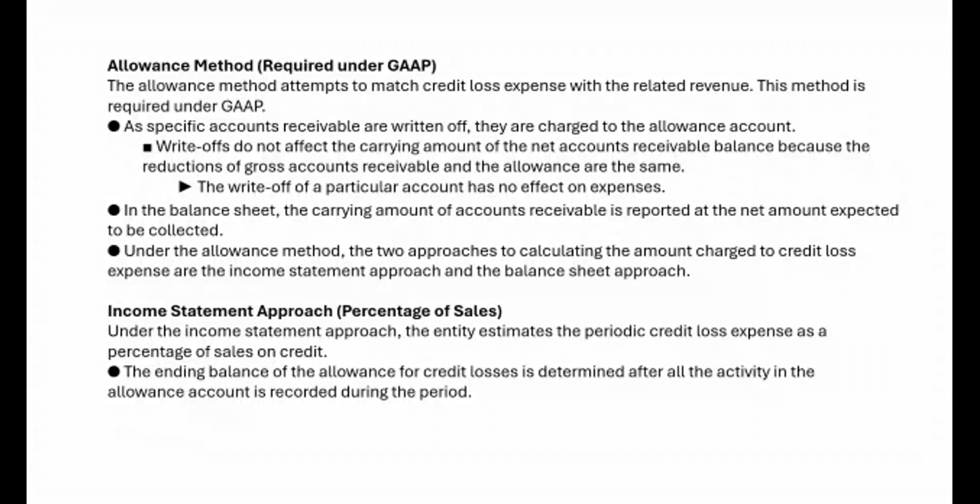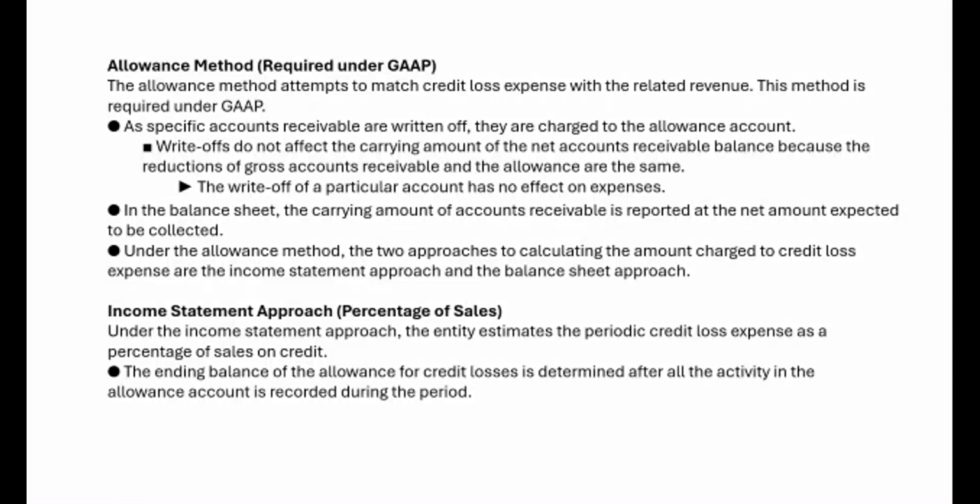Write-offs do not affect the carrying amount of the net accounts receivable balance because the reductions of gross accounts receivable and the allowance are the same. The write-off of the particular account has no effect on expenses. In the balance sheet, the carrying amount of accounts receivable is reported as the net amount expected to be collected.